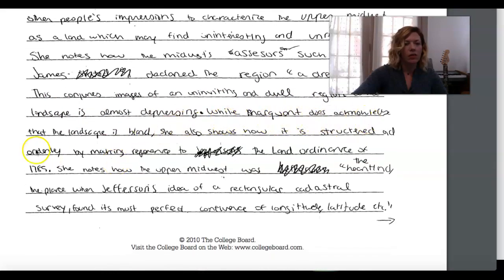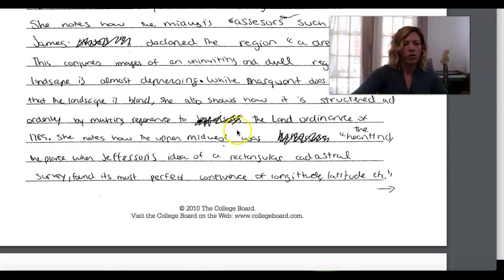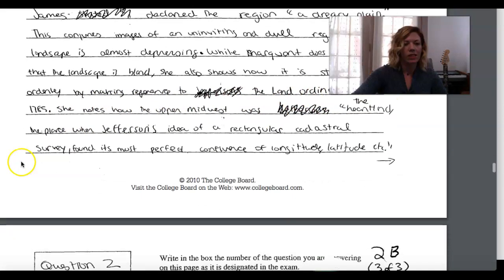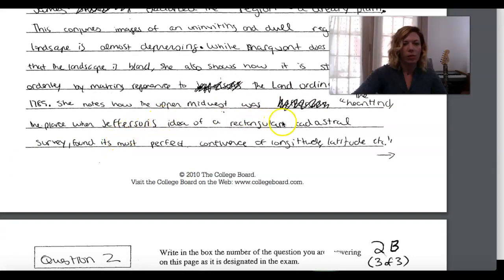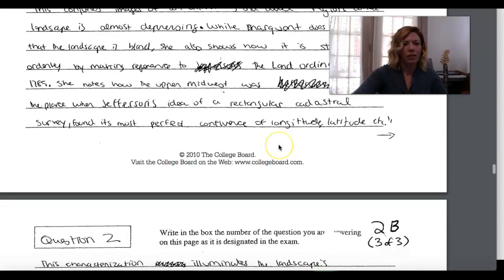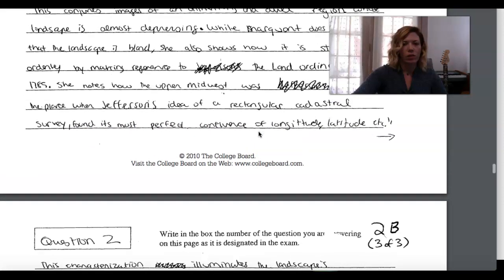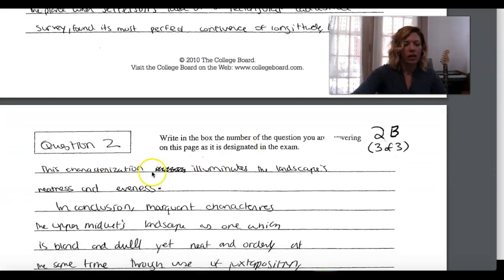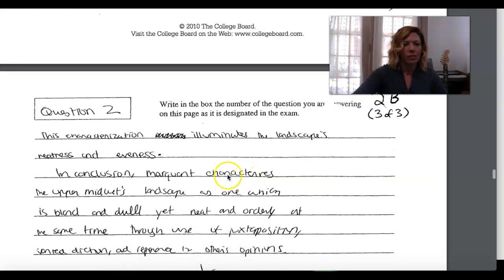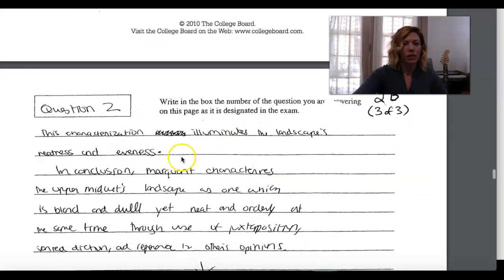While she does acknowledge that the landscape is bland, she also shows how it is structured and orderly by making reference to the Land Ordinance of 1785. She notes how the upper Midwest was the heartland, the place where Jefferson's idea of a rectangular survey found its most perfect confluence of longitude, latitude. This characterization illuminates the landscape's neatness and evenness. That's also a nice comment.